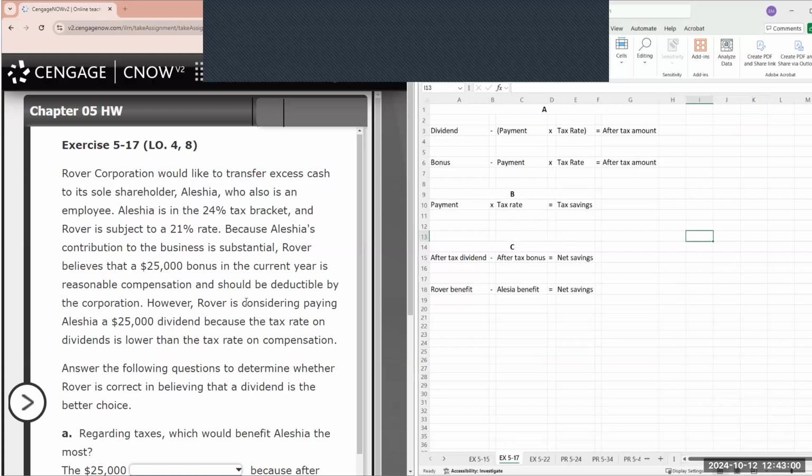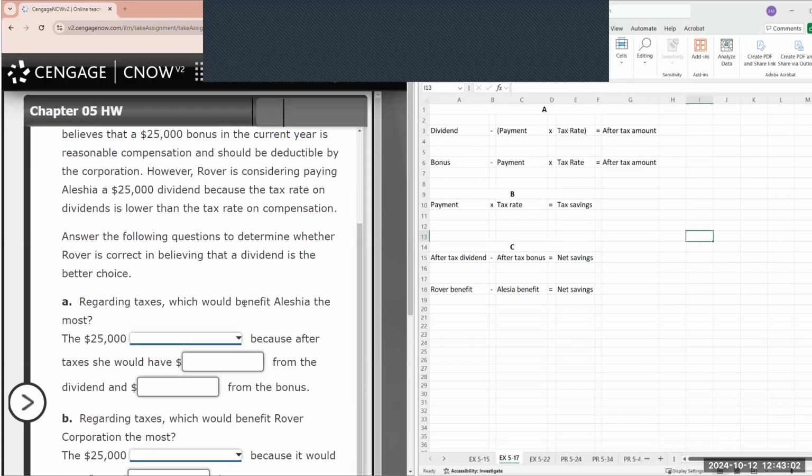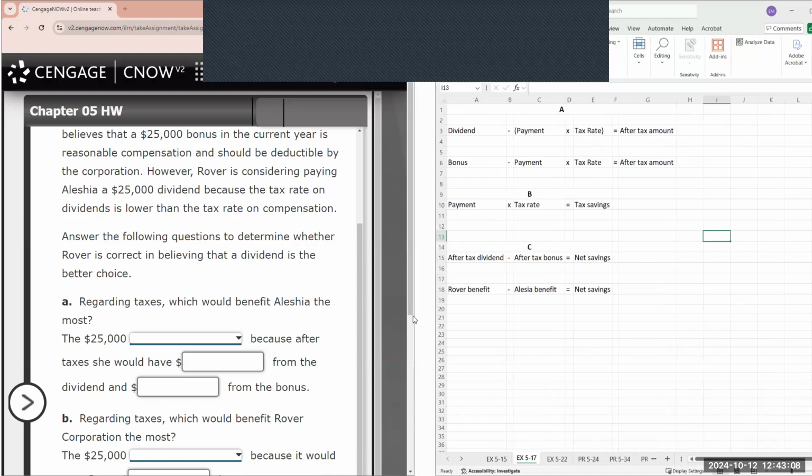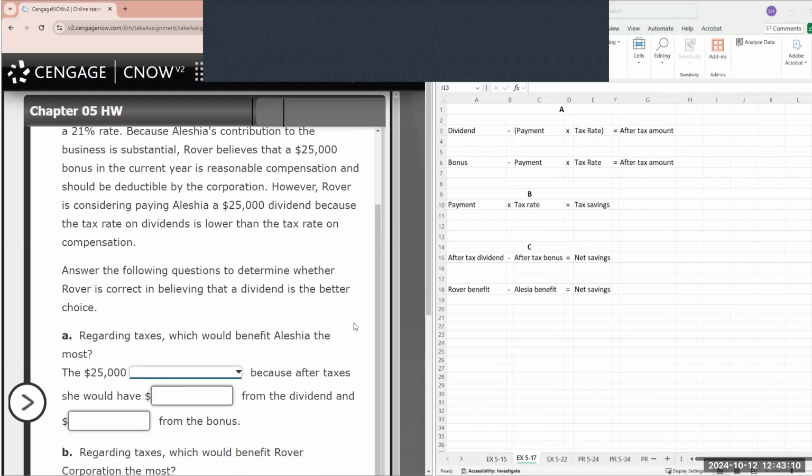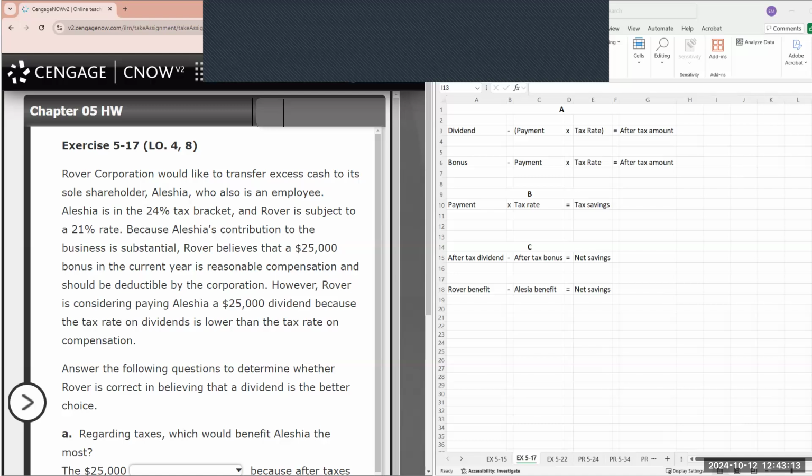Now we move on to this next question. It asks, answer the following questions to determine whether Rover is correct in believing that a dividend is the better choice. So it states Rover Corporation would like to transfer excess cash to its sole shareholder, Alicia, who is also an employee. Alicia is in the 24% tax bracket and Rover is subject to a 21% tax rate.